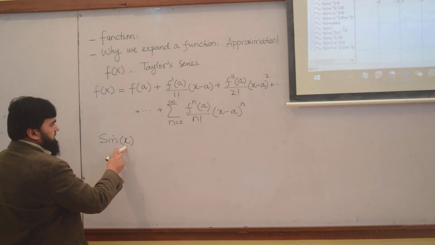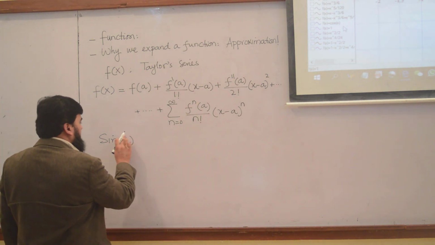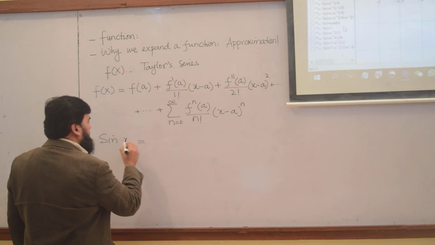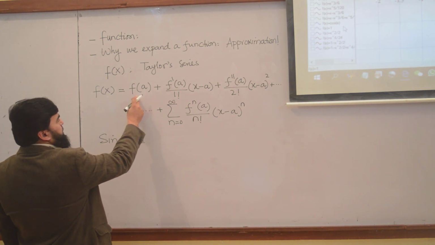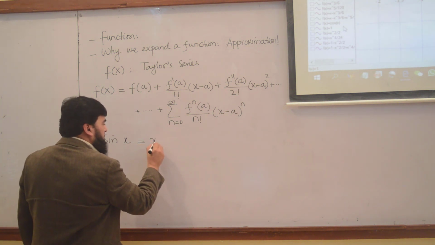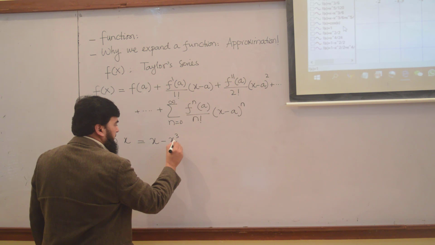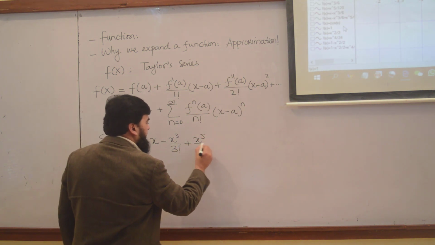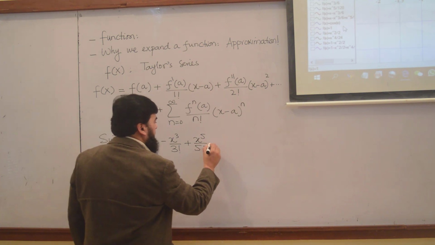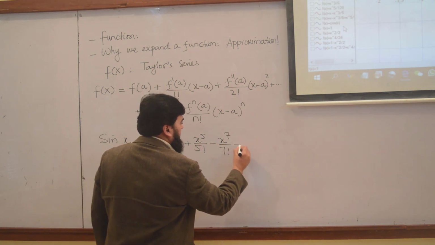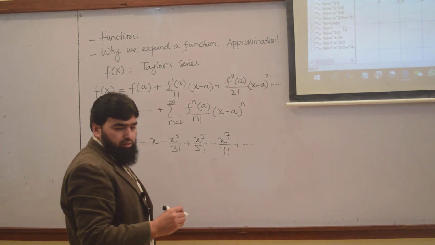like sine x, okay, then let's write this one as sine x, and this is equal, according to this expansion, when expanding this one with the help of Taylor series, we will have x minus x cubed by 3 factorial plus x to the 5 by 5 factorial minus x to the 7 by 7 factorial and plus so on.